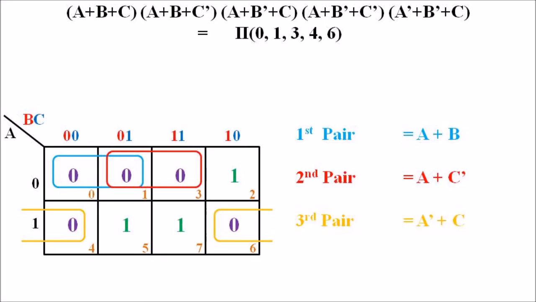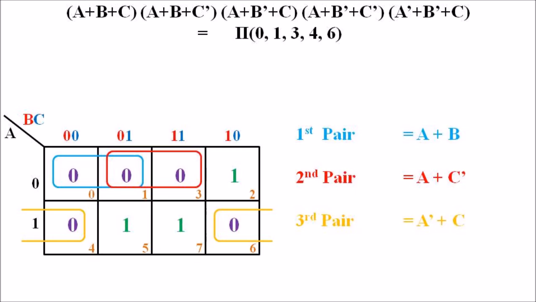Since it is lying in the first row, the value of A remains unchanged, with A equal to 0, and the value of B is also unchanged, with 0 in both these cells. The value of C is changing from 0 to 1 as we move from column 1 to column 2. Here the value of B is marked in red and the value of C is marked in blue.